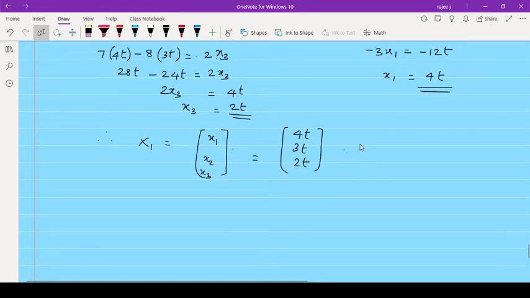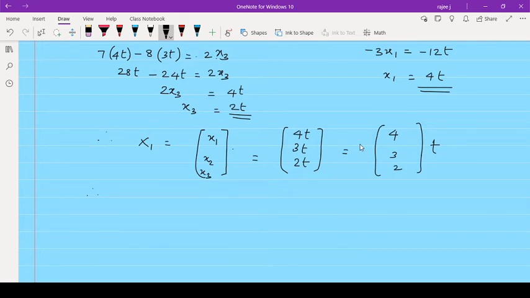Therefore, this is equal to 4, 3, 2, with t taken common and outside. So this is the eigenvector corresponding to lambda equal to 1. Therefore, the eigenvector can be 4, 3, 2 or any multiple of this 4, 3, 2.